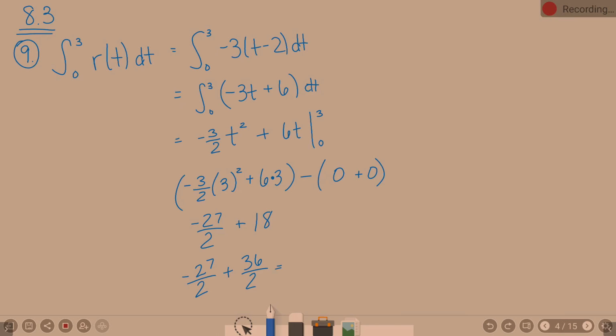Negative 27 plus 36 is positive 9 halves. And positive 9 halves is 9 halves or 4.5. And the question was how many ounces of fluid leak from the vehicle? And so that is 4.5 ounces of fluid.